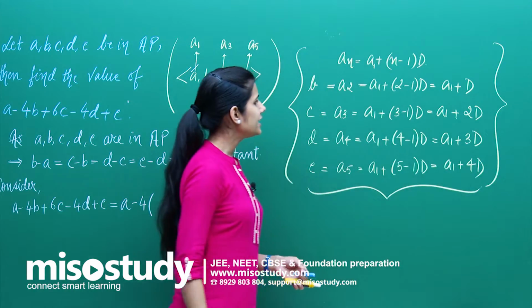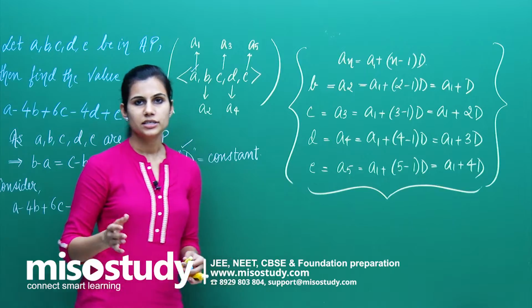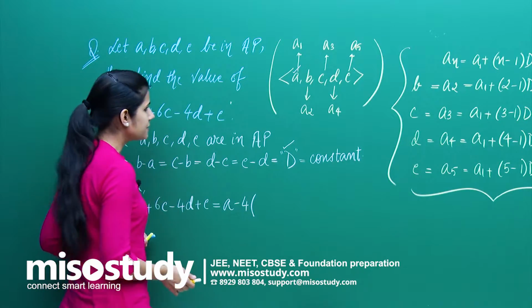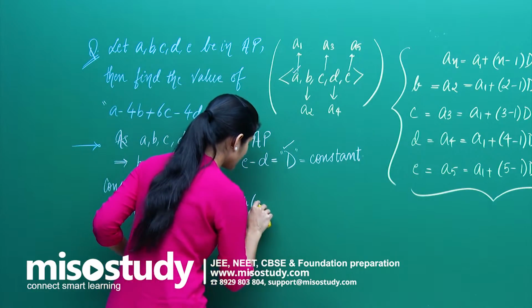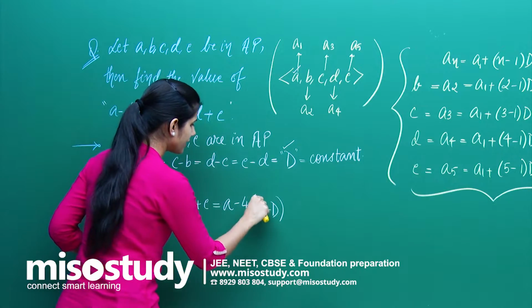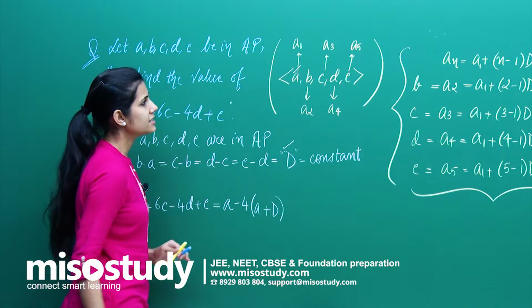That's how I express each and every term of the AP in terms of the first term and the common difference. So here, minus 4 times b is what? a1 plus capital D. I can write this as a, because a1 is equal to a only.